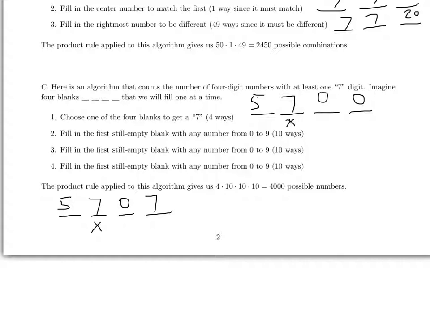If instead I had said that in my first step, where it says choose one of the blanks to get a 7, if I had marked this one off, and then chosen a 5 for the first non-empty blank, a 7 for the next non-empty blank, and a 0 for the next non-empty blank.